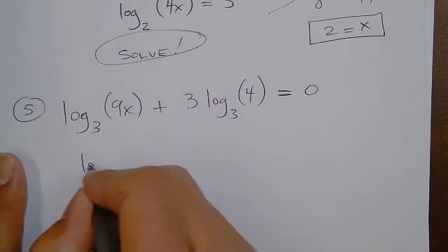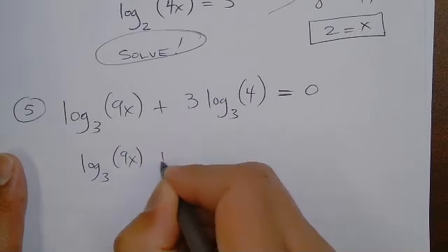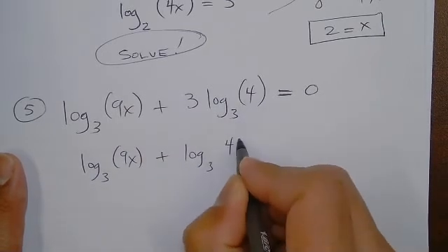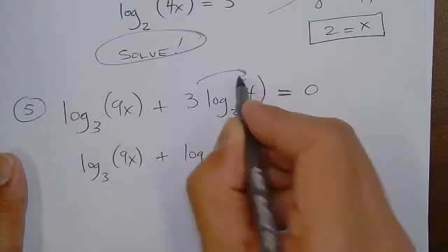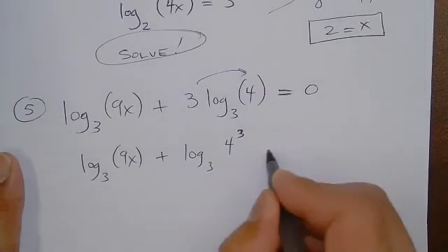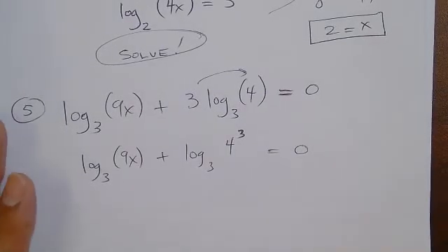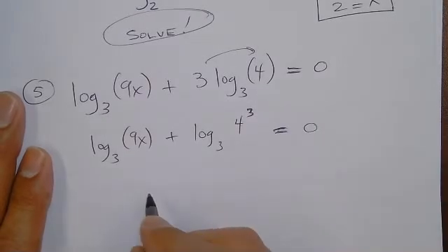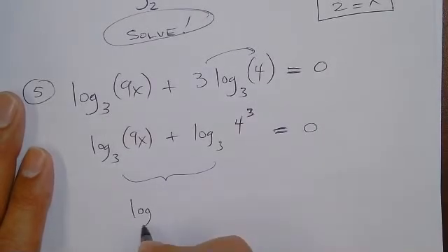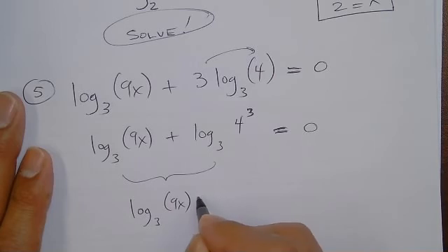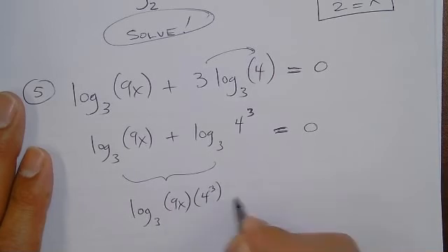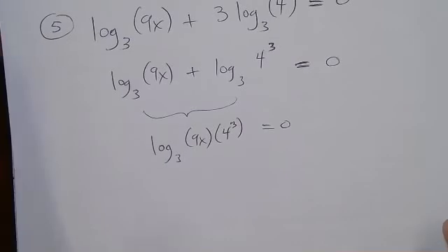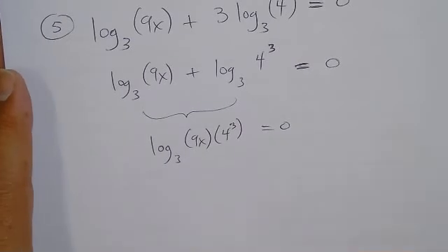See this number? What's going to have to happen to it? To the top, right? So it's going to be log 3 of 9x plus log 3 of what? Everybody agree this is going to be 4 cubed now? Because this 3 goes up. Equals 0. And bringing it together now, it'll be log 3 of what? 9x times whatever 4 cubed is, equals 0.